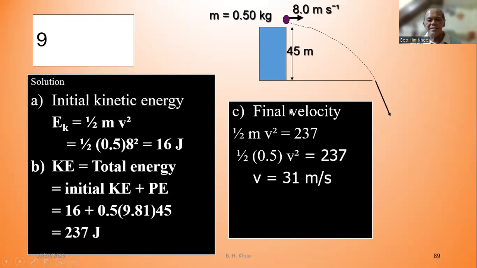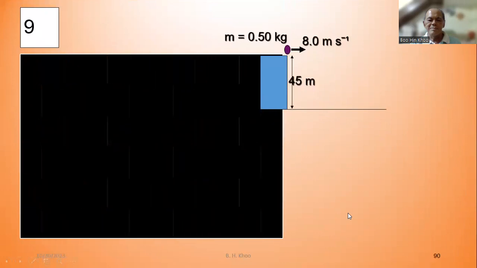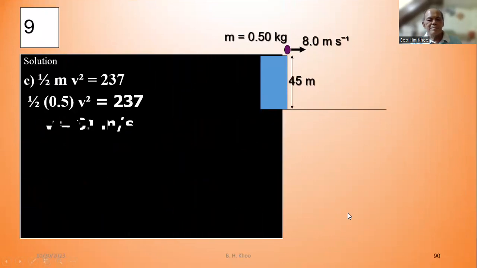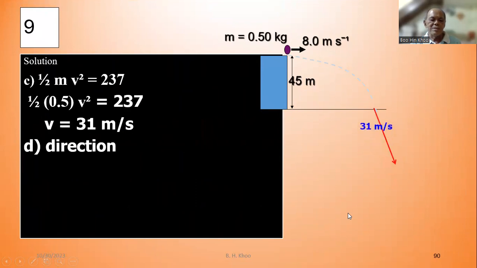So where's the direction? That's the path we will go. So that's the v that we have found. Okay, direction. That's the third one.